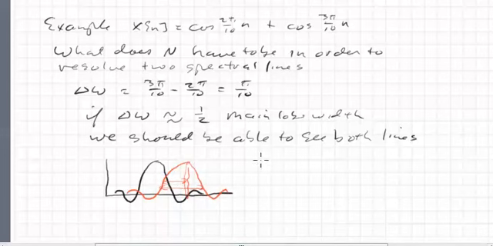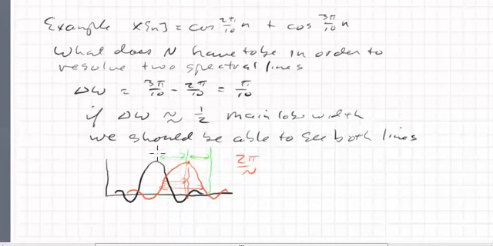So the distance, if you remember a Dirichlet function, the distance between the top and the first zero crossing is 2 pi over n. That's this distance. I'll make it in like green color. That's the distance between here and here, 2 pi over n. That's also the distance between here and here, although they're not drawn to scale.